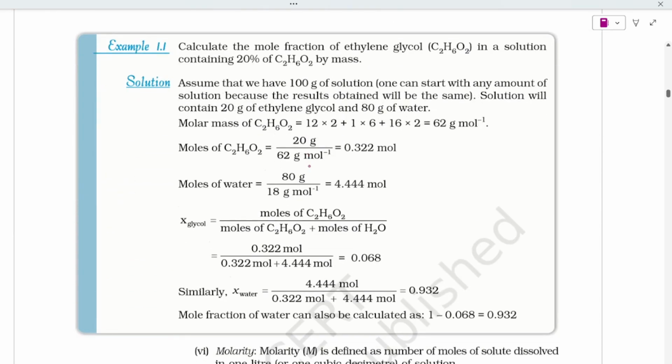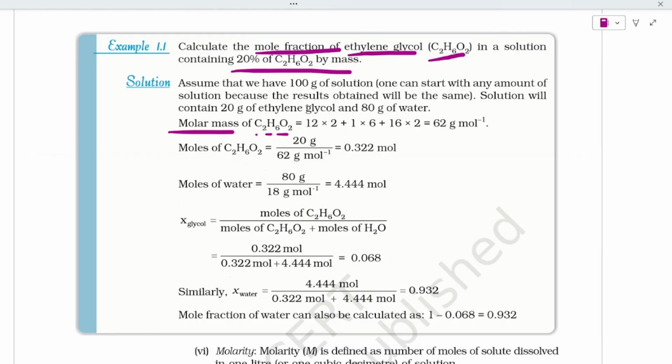Now the next is mole fraction. Let's see the first example of this chapter: calculate the mole fraction of ethylene glycol in a solution containing 20% of ethylene glycol by mass. Now let's see the molar mass. To find the molar mass, we have to know all the individual molar masses.